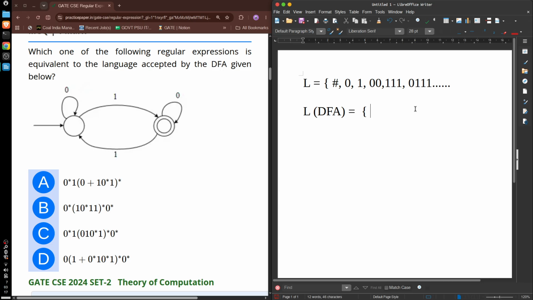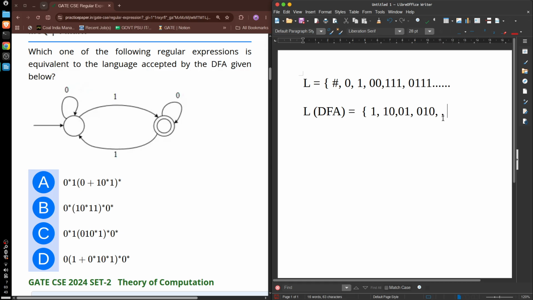So first of all, one is accepted. This is a DFA, so epsilon is not going to be in this. One is accepted, and one zero is accepted, right? Zero one is accepted, right? And zero one zero is also accepted, because we can go an infinite number of zeros, infinity, right?